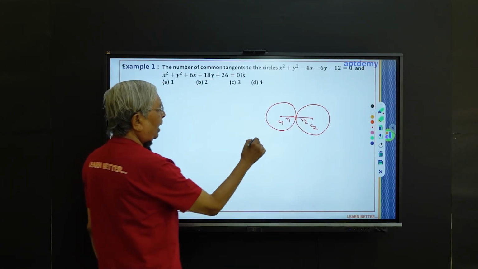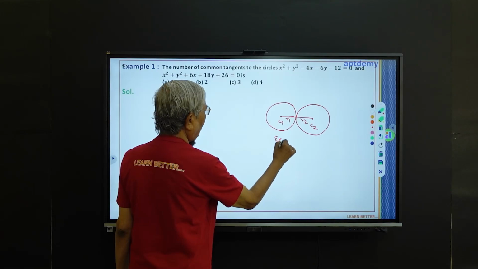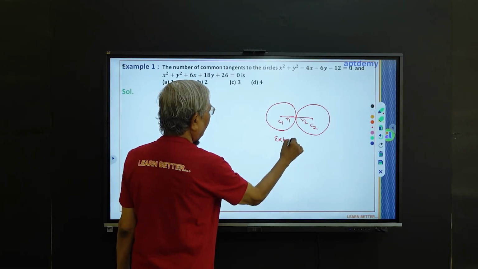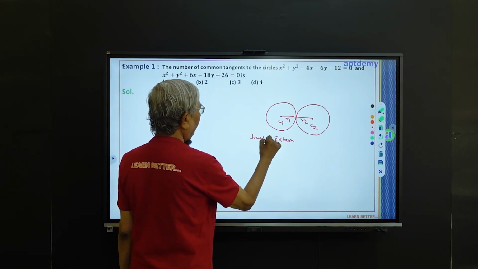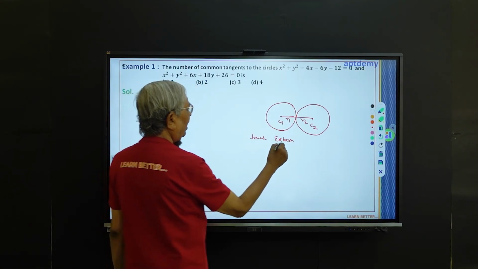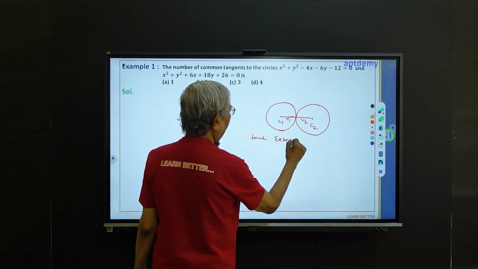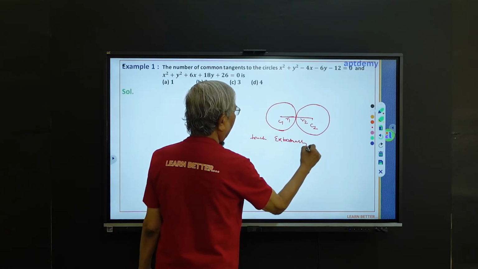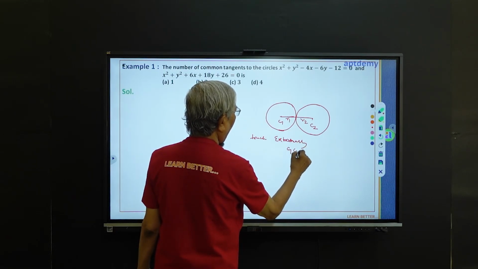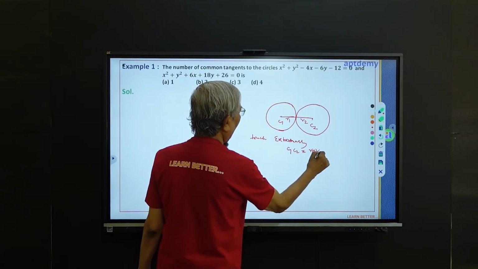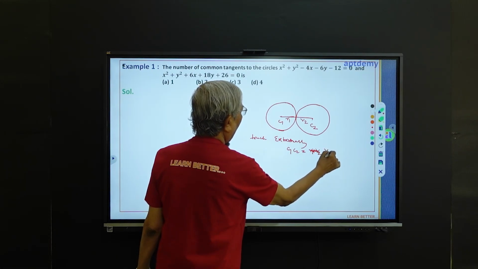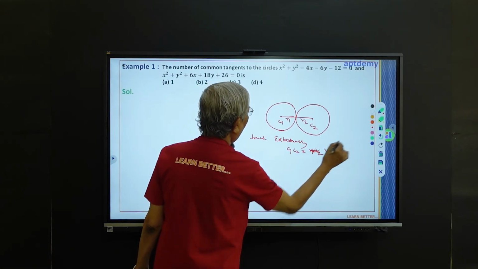If two circles touch externally, what is the condition? Touch externally means this figure, that is, the distance between the centers must be equal to the sum of the radii, R1 plus R2.